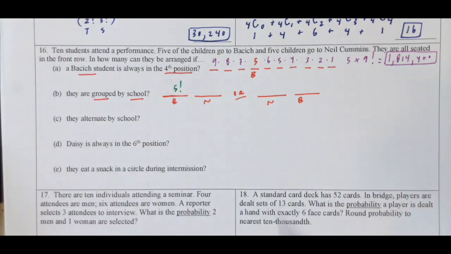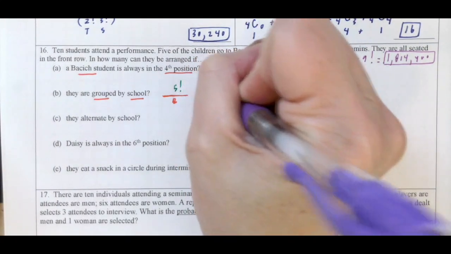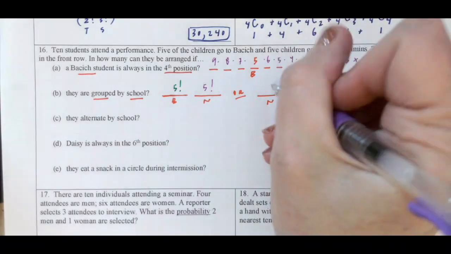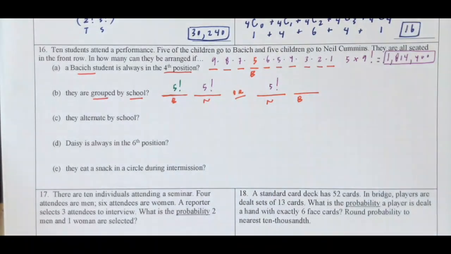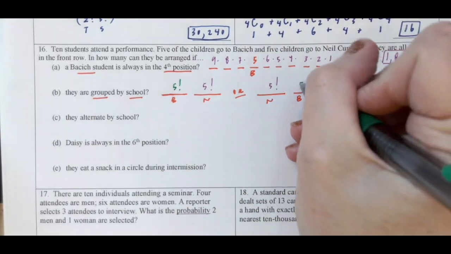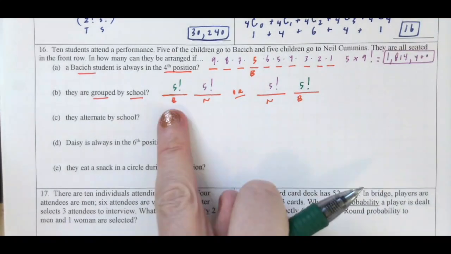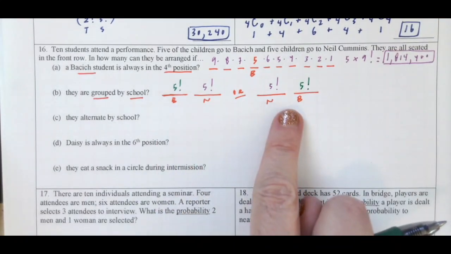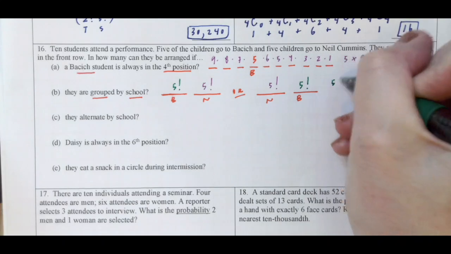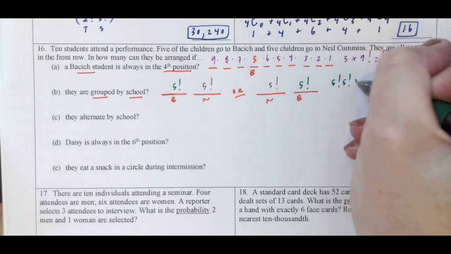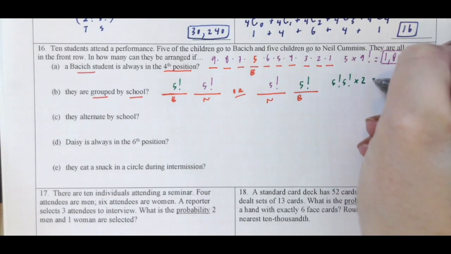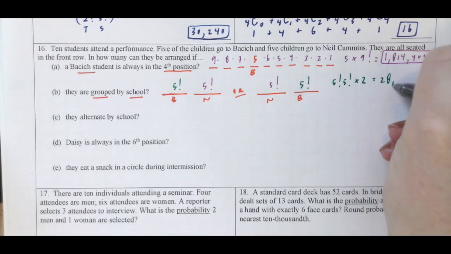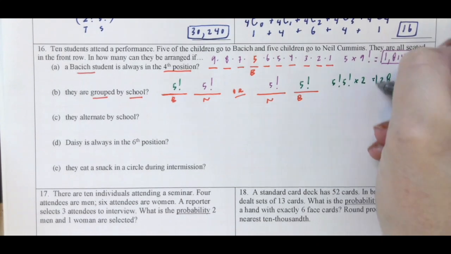Okay, Neil Cummins, same thing. But it could be vice versa. So it could be 5 factorial and 5 factorial, but with those positions switched. So it's really 5 factorial times 5 factorial times 2. So 28,800.